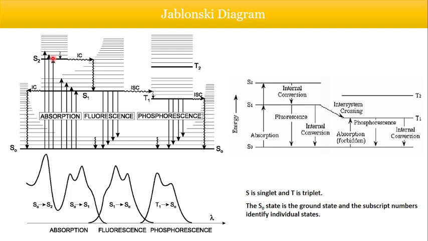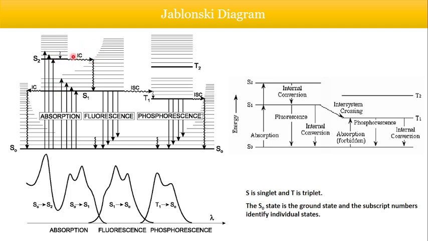It has been already shown in the previous slides that each level has other sub levels, like vibrational levels and rotational levels. So on absorption, the electrons can move to the vibrational levels as well as the rotational levels. Now we are exciting the electron from S0 to an S1 level or an S2 level, let us assume.